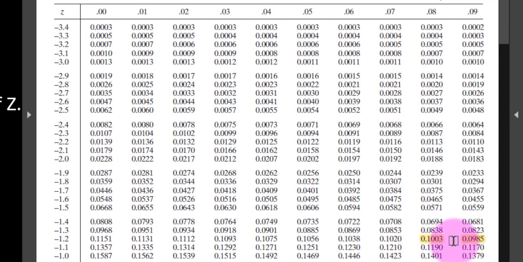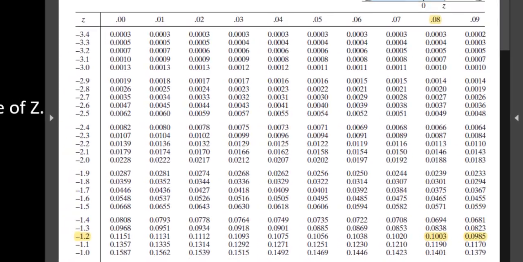This one's a little smaller, but this one is just a smidgen closer. So I want the tick mark value in this row that says negative 1.2, and in this column that says 0.08. So our answer is negative 1.28 for our first answer.